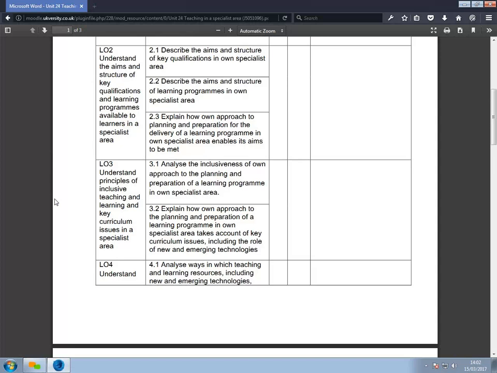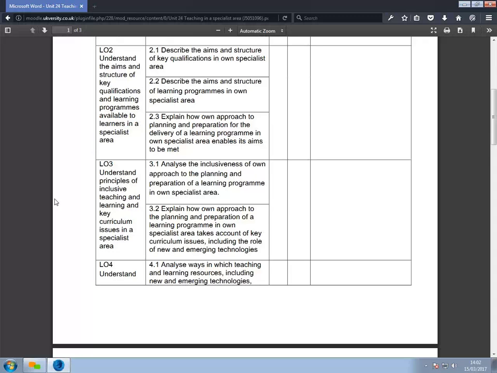Analyse the inclusiveness of your own approach, and explain how your own approach to planning and preparation of a learning programme in your own specialist area takes account of key curriculum issues, including the role of new and emerging technologies. As I said, that's web-based learning, similar to what we're doing now.